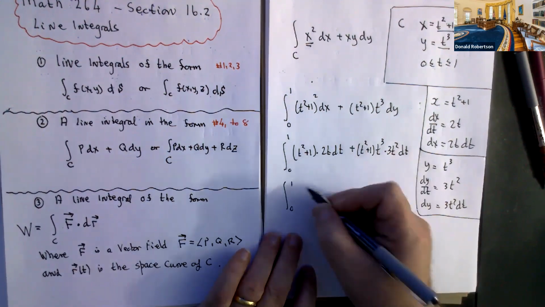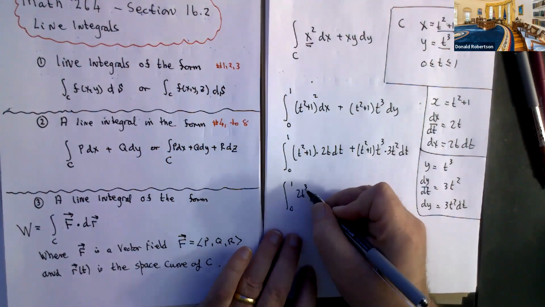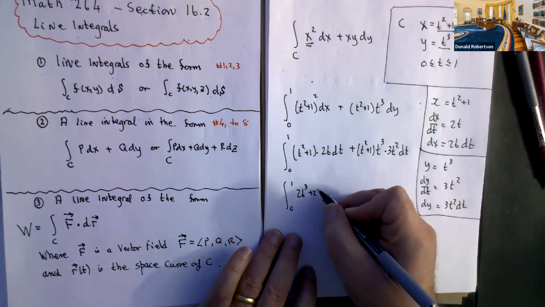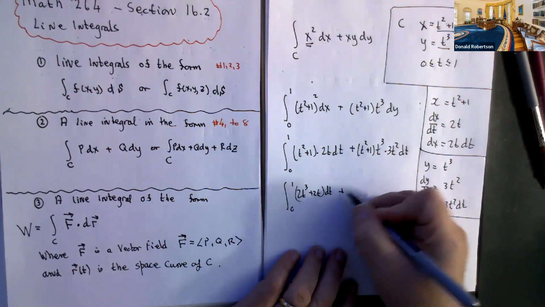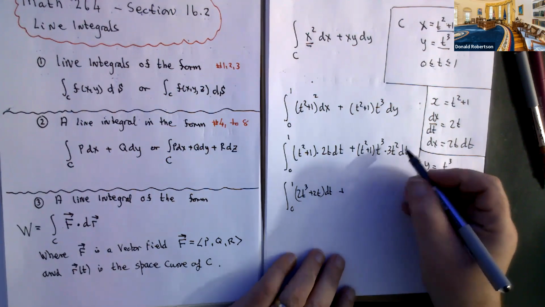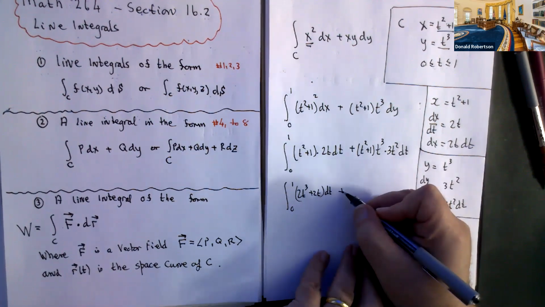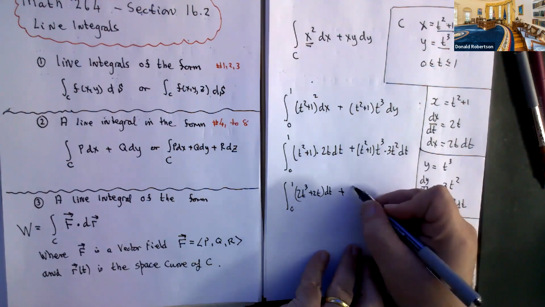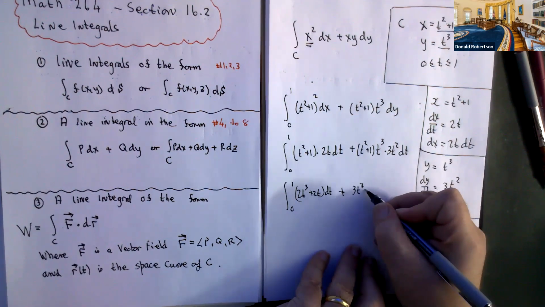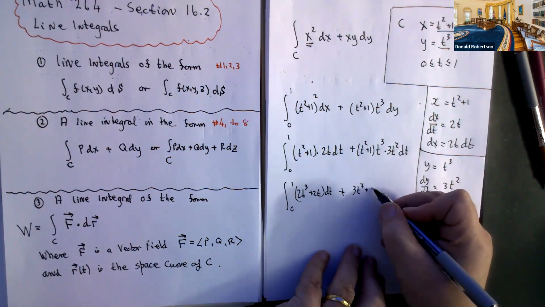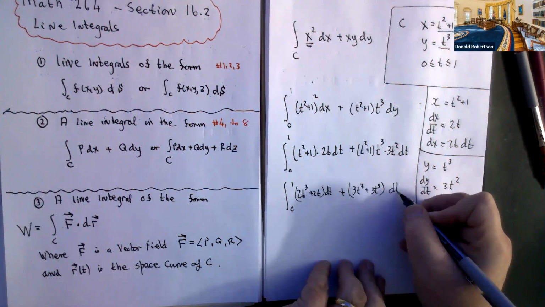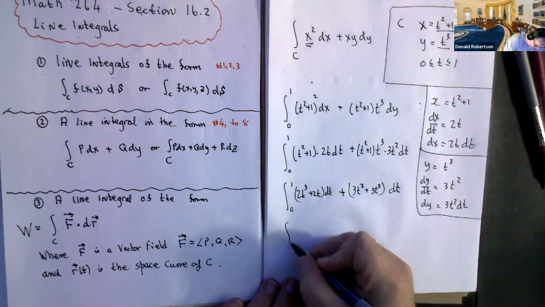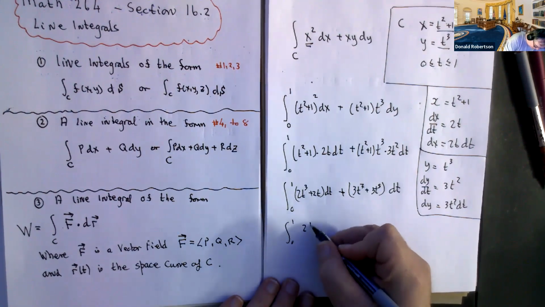If you multiply this out, you get 2t cubed plus 2t dt. And this guy gets you 3t to the 5. So what's that going to get me? 3t to the 5, 3t to the 7, plus 3t to the 5 dt. And now I can put the whole package together.